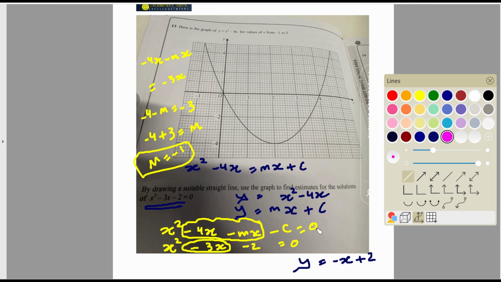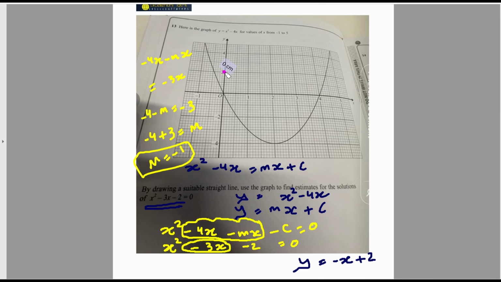Minus x means the gradient is negative. I go to the y-intercept, which is 2, and then I go 1 across and 1 down. As you see here, the scale of the drawing is different, so it's going up in ones on the x-axis and 2s on the y-axis. So that's the right drawing.